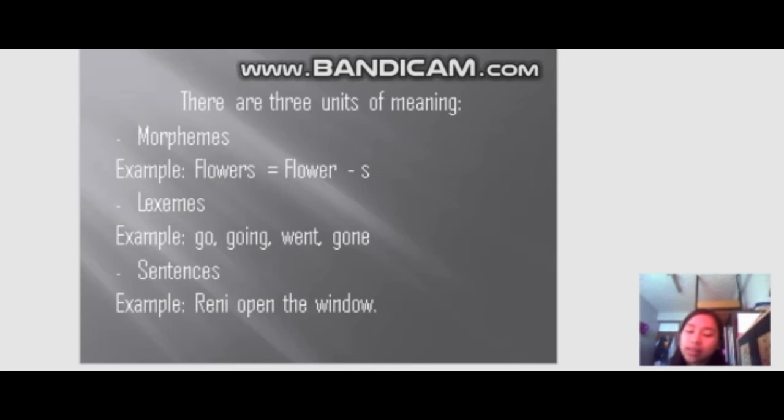Let's see the example: Rennie opened the door. Do not ever think that one word has one meaning. We have to recognize several meanings of a word. Some pieces of language refer to something real and outside of language.